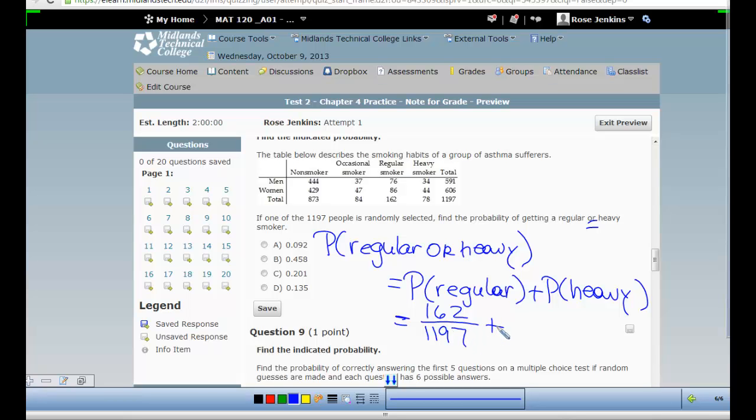Same thing for heavy smokers: the total number of heavy smokers, 78 over 1,197. Add those together. That should give you the answer. Questions about that? All right, very good.